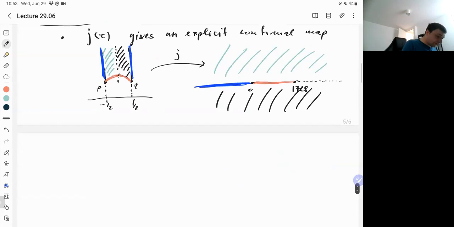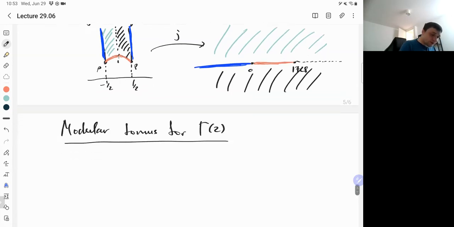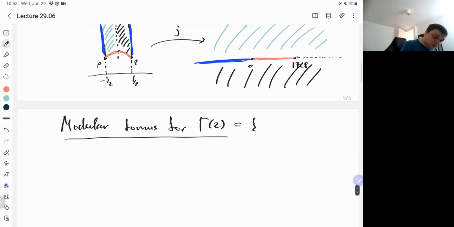And so, the last bit, I'm running a little bit over time, but the last bit I want to discuss before tomorrow is modular forms for gamma 2. I'll just remind you, these are matrices A, B, C, D congruent to the identity modulo 2.